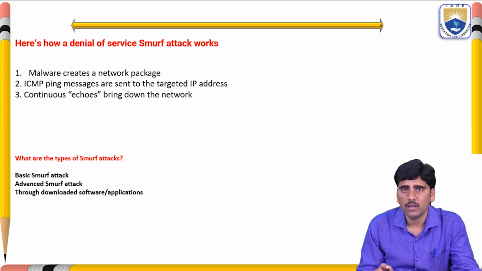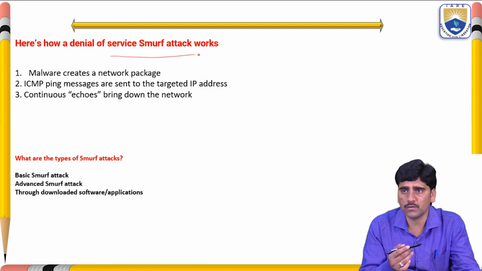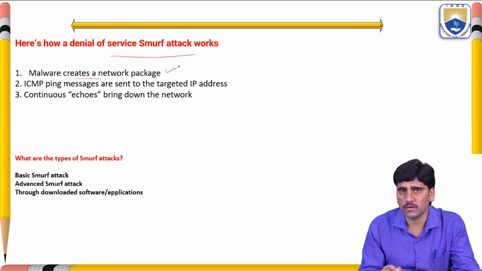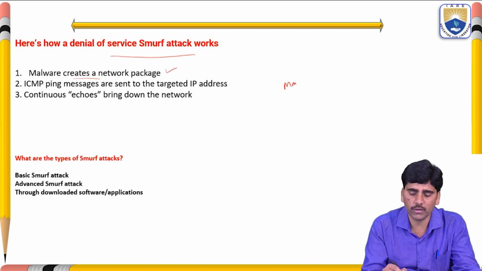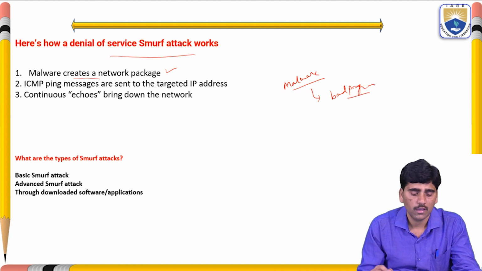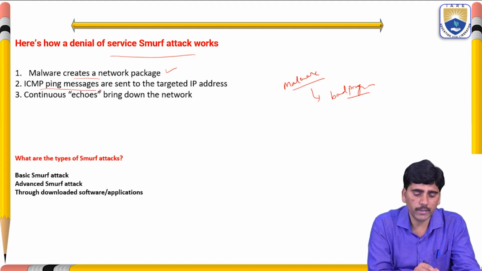Here is how a denial of service Smurf attack works. First of all, malware, which is a bad program containing programming code, creates a network packet. Then ICMP ping messages are sent to the targeted IP address.